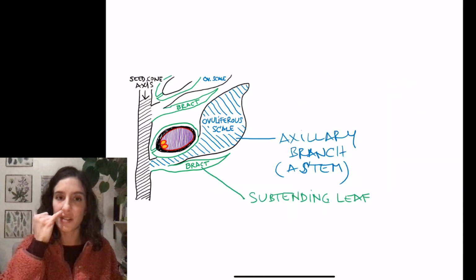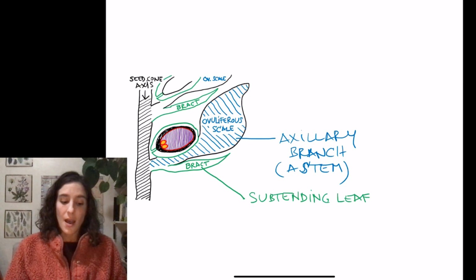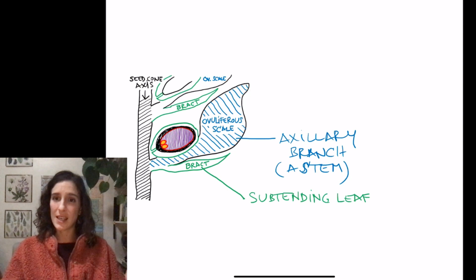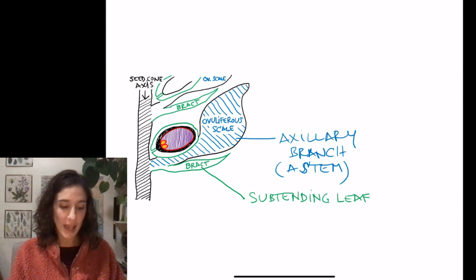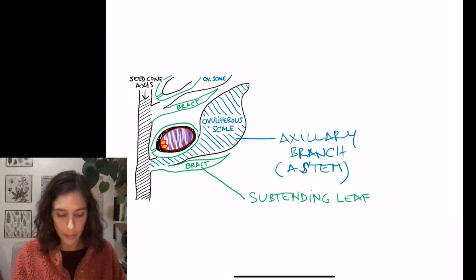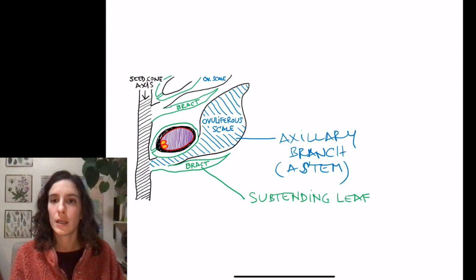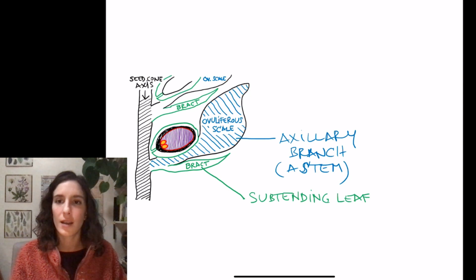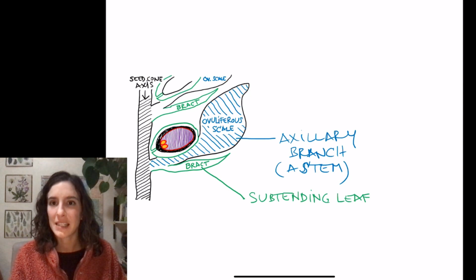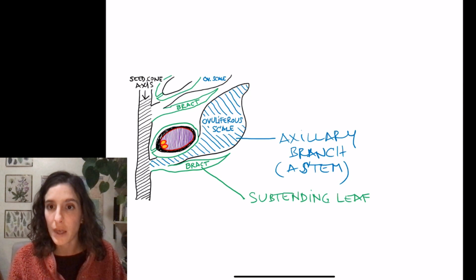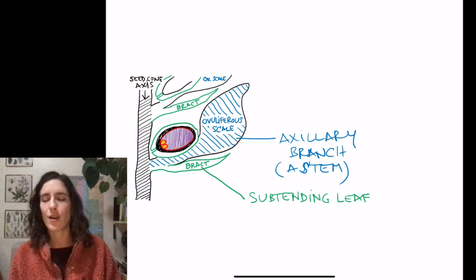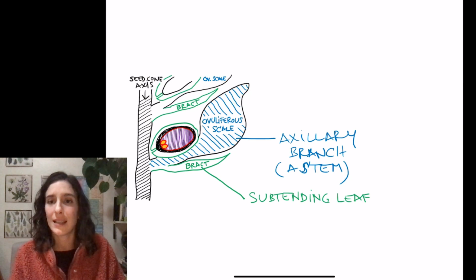Okay, now here's another kind of crazy thing. This whole repeated unit of an ovuliferous scale with an ovule and a subtending bract is, evolutionarily, literally a branch. These are small branches that are repeated over and over again, and they're highly modified, so they don't look anything like actual branches.